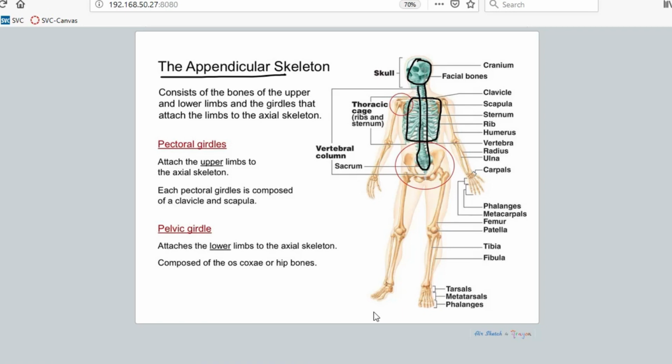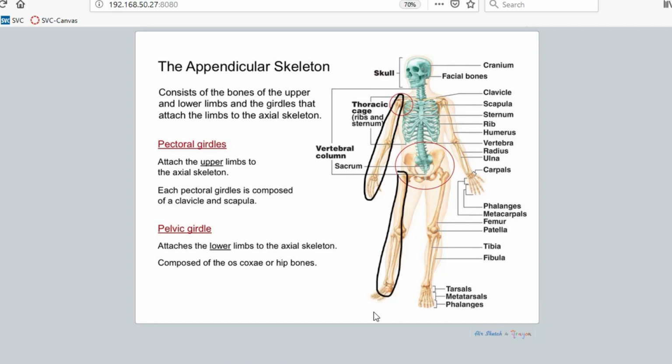We're going to attach the upper and lower limbs, and also the girdles that attach those limbs to the axial skeleton. So the appendicular skeleton consists of the bones of the upper limbs, the lower limbs, and also what we call these girdles that attach the limbs to the axial skeleton here.